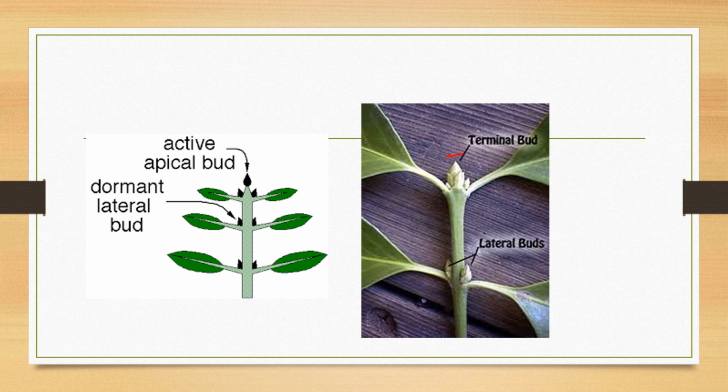But at this time the lateral buds will be stopped or dormant because the hormone auxin stops them, and this hormone is released from the terminal bud.